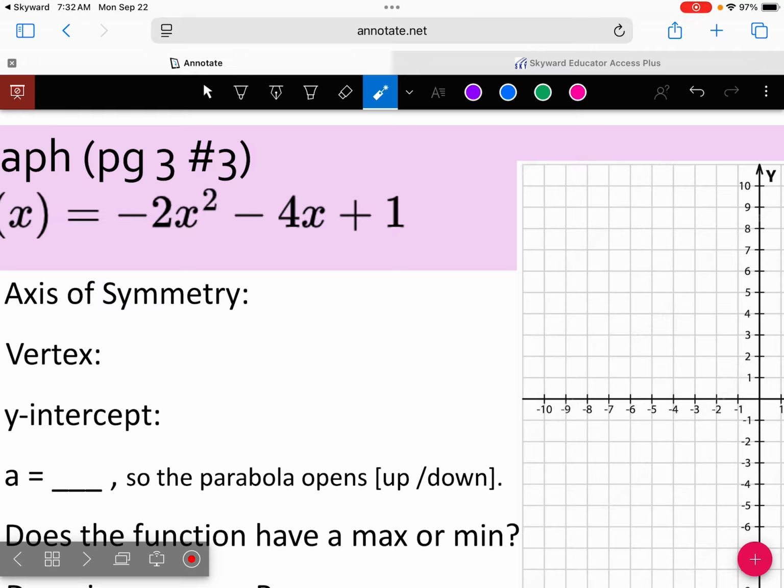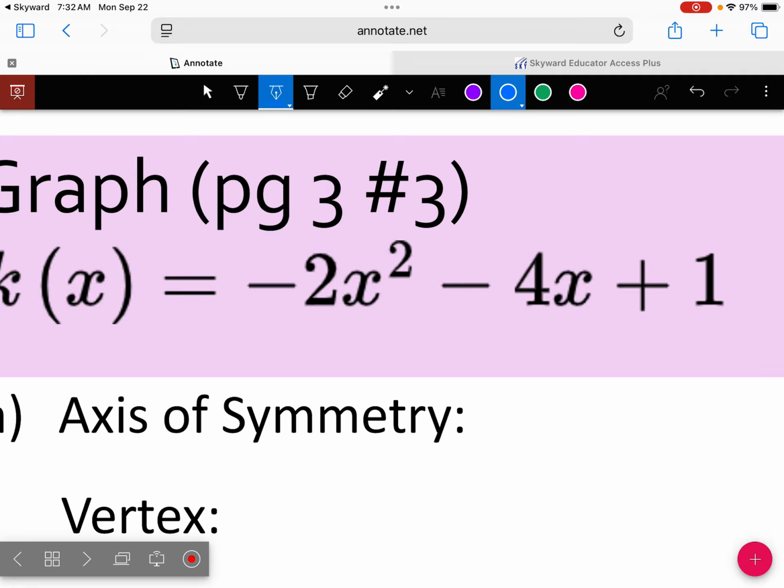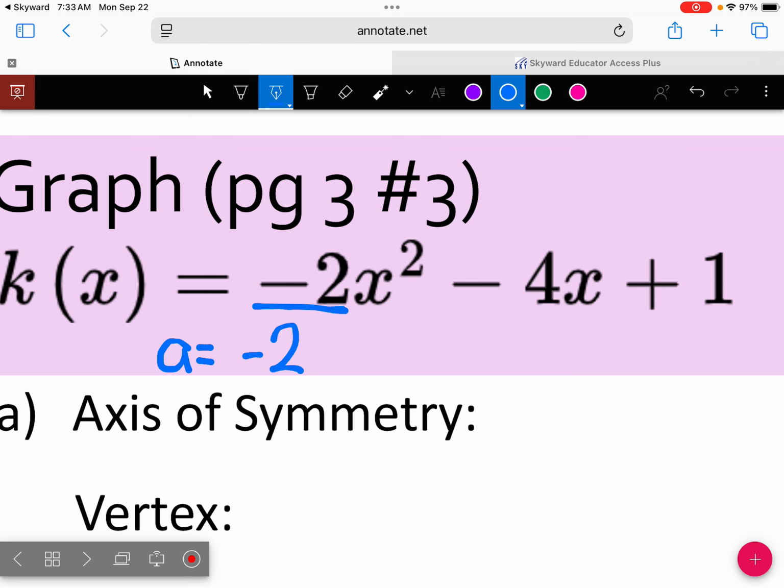So the first thing we want to do is figure out what our a, our b, and our c are, because we need those pieces to find lots of our things. If we look at this equation up here, just like we did in the bell work, we're going to find all three here. What is our a for this one? It's -2. It's this guy in front of our x squared. What is our b for this one? It's going to be that -4 that's with the just x.